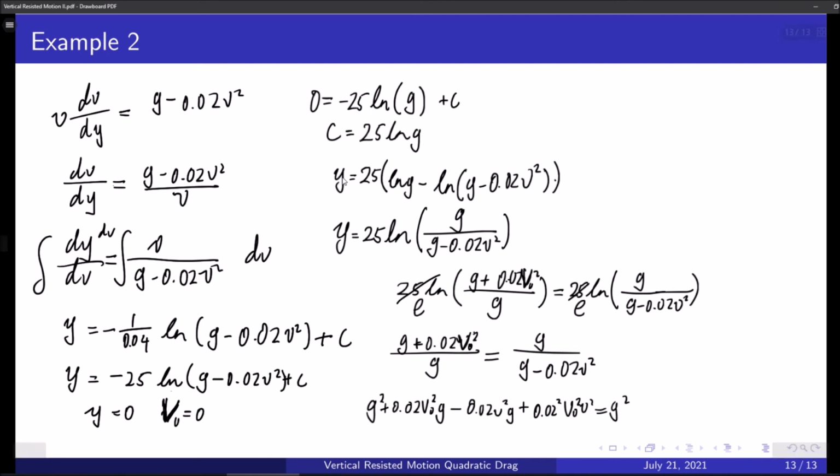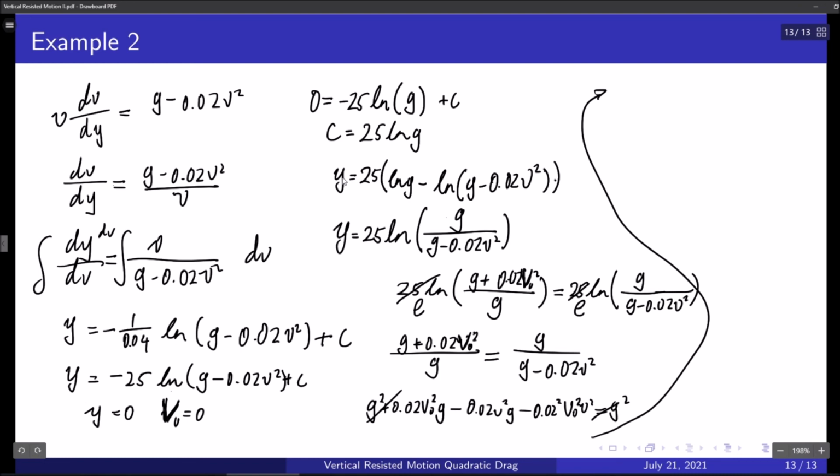So obviously these two cancel out. And then we can gather all the small v's on one side. Sorry, this should be a negative.